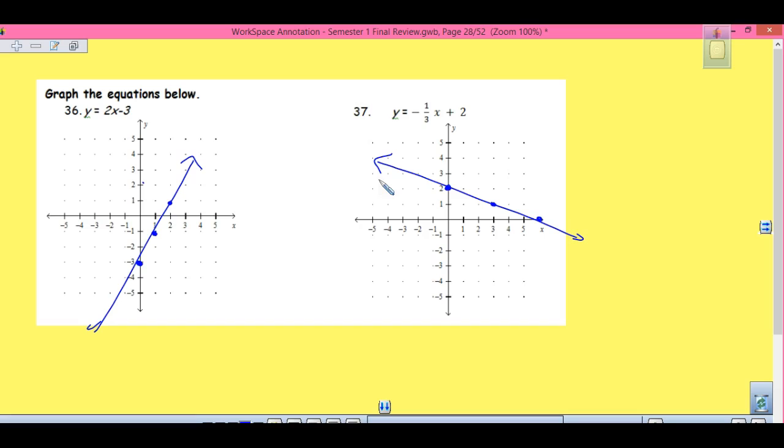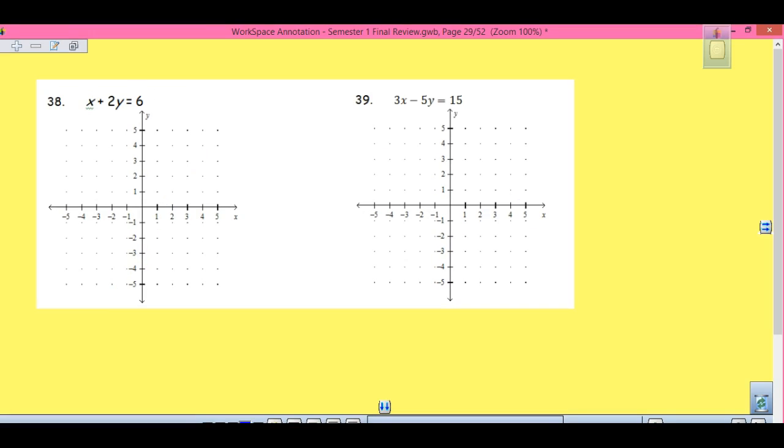Those aren't the same as mine, are they? All right, what's my first step on this one? I got to solve it for y, so what do I have to do? Minus x, so 2y equals -x plus 6.